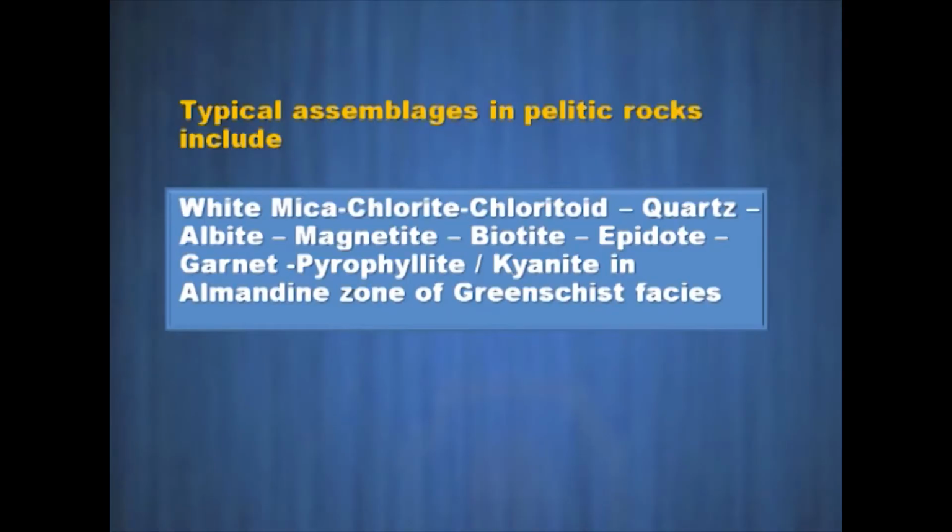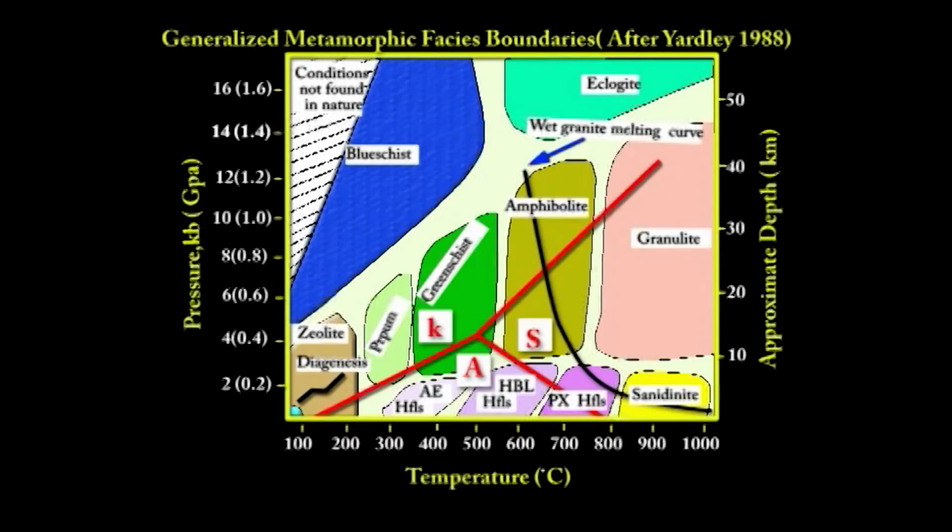As the PT conditions increase, greenschist phases assemblages with new minerals form. Typical assemblages in pelitic rocks include white mica, chlorite, chloritoid, quartz, albite, magnetite, biotite, epidote, garnet, pyrophyllite, kyanite, and the almandine garnet zone of the greenschist phases.